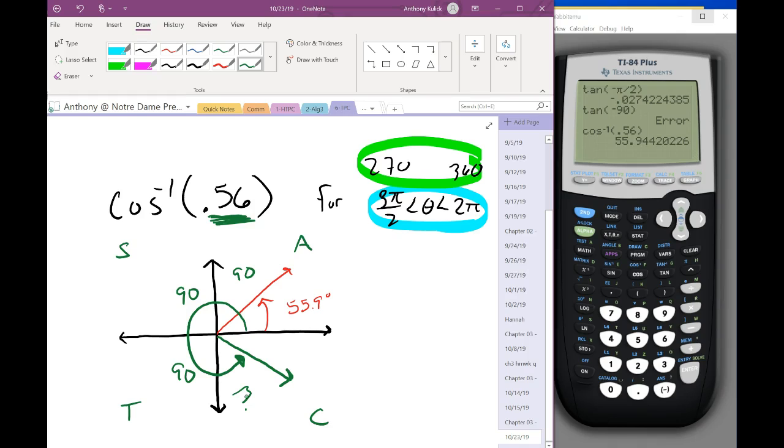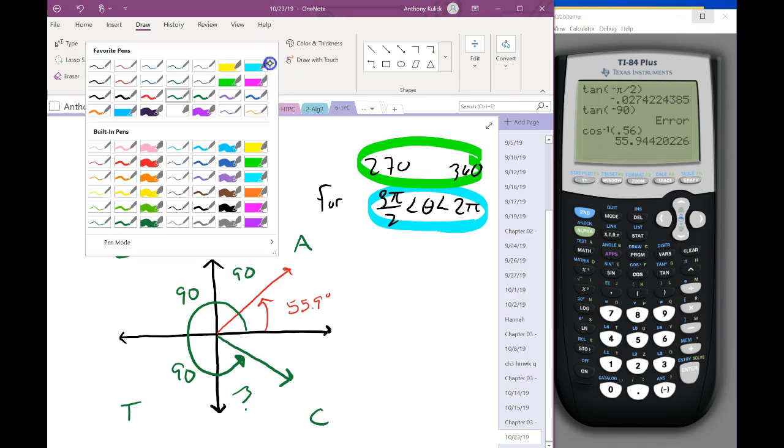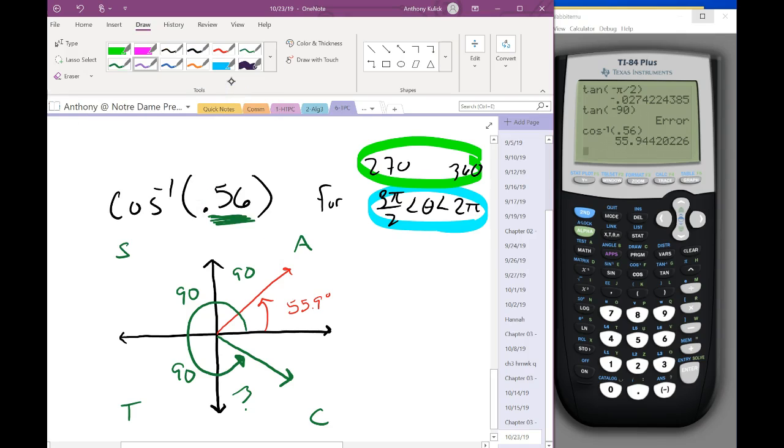Okay. So to figure out that part, we're going to take advantage of a special property. The angle that is formed relative to the x-axis here is the same angle that's formed relative to the x-axis here. What that tells me is this part is also 55.9 degrees.